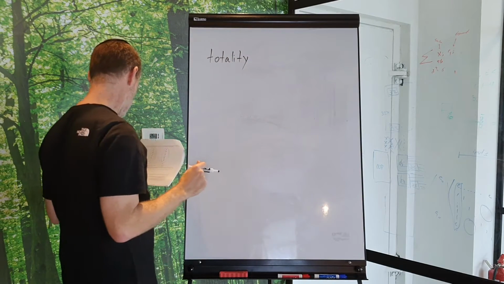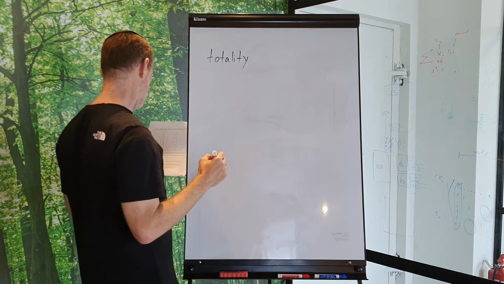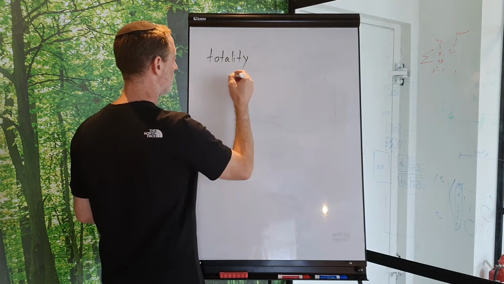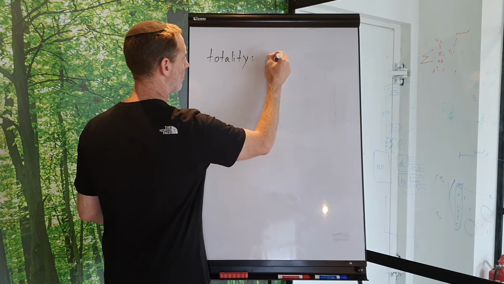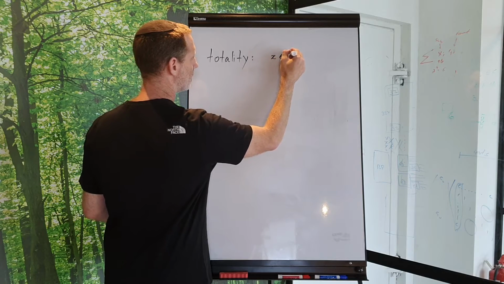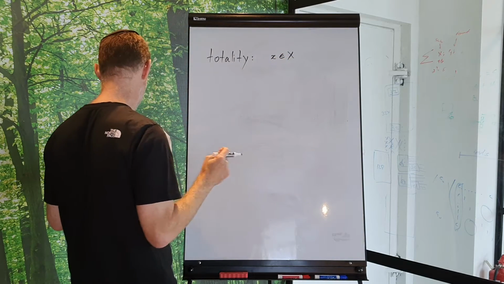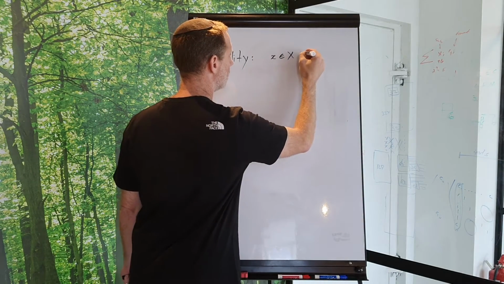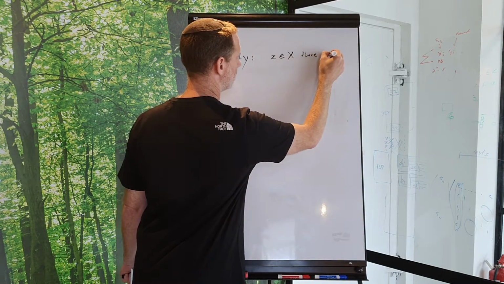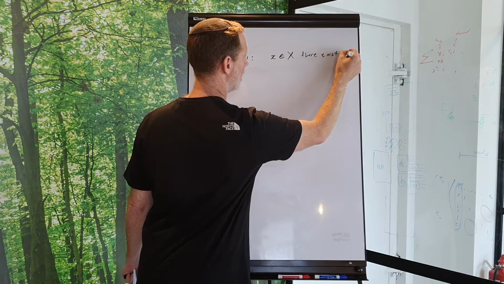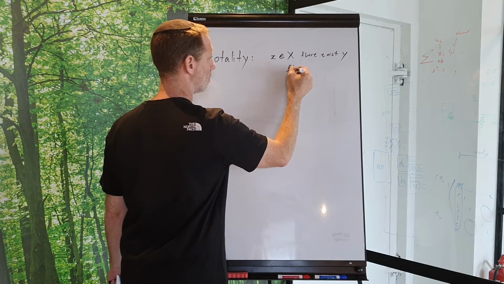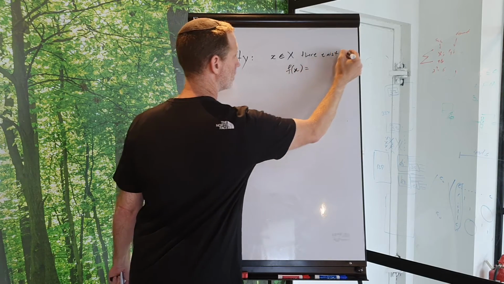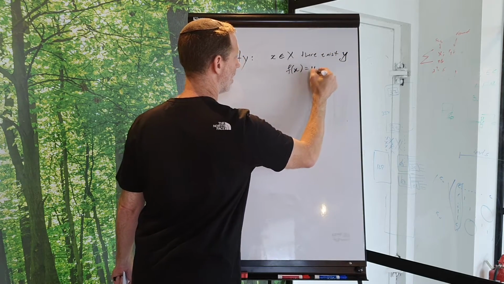Totality is that for every x in X there exists y such that f of x equals y.